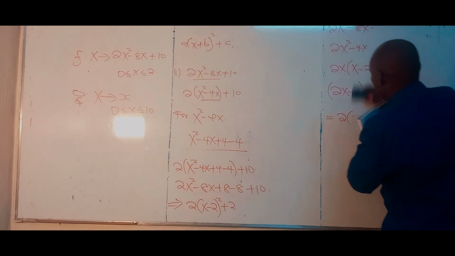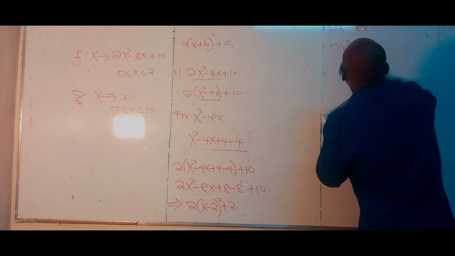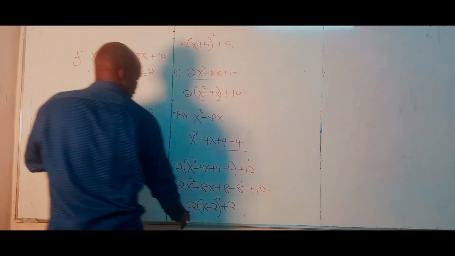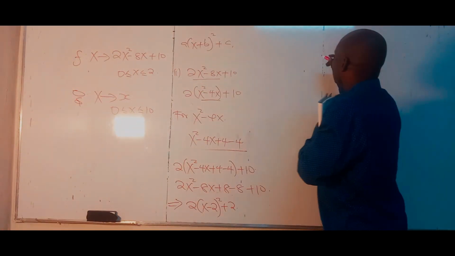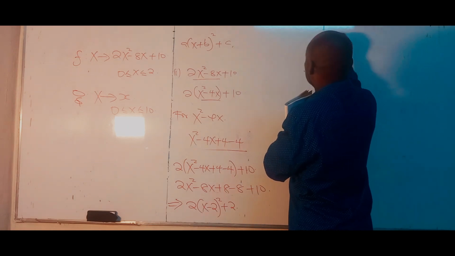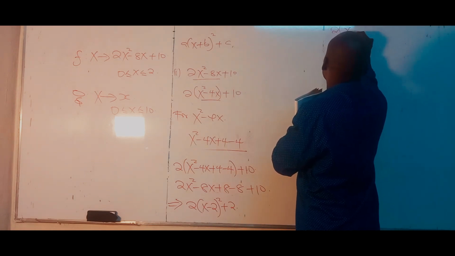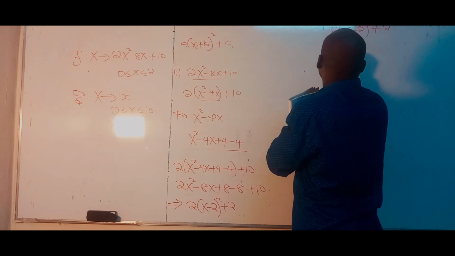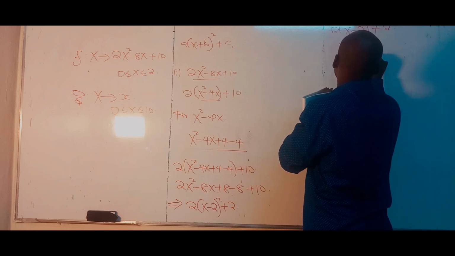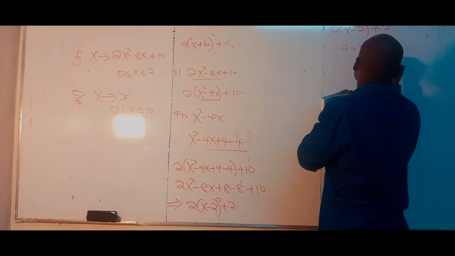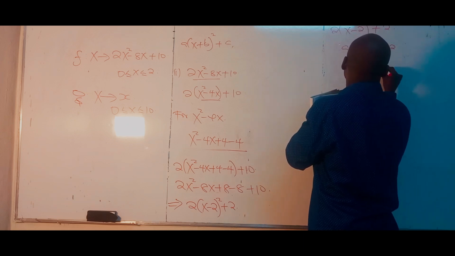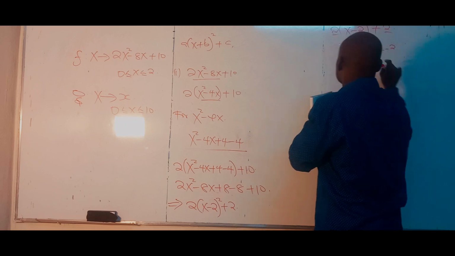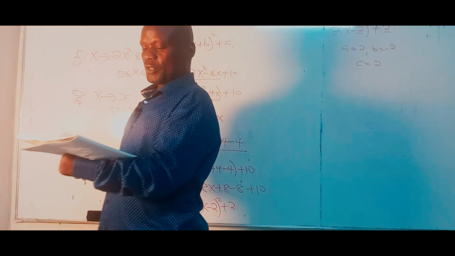So the answer we have is 2 into x minus 2 squared plus 2. So A is 2, B is minus 2, and C is 2. So those are them. That's how you will write it.